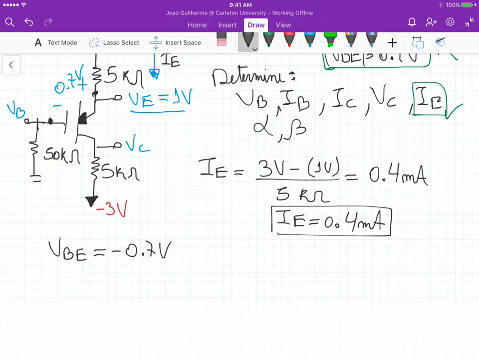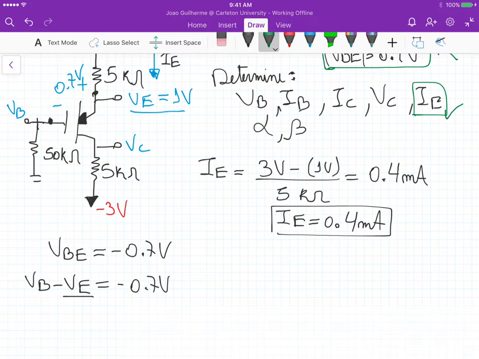It's different for an NPN transistor. For an NPN transistor, if we assume active mode operation, then VBE is actually 0.7, right? So this is just the opposite, which is the same as VB minus VE equals minus 0.7. We know this voltage, so we can calculate the base voltage.